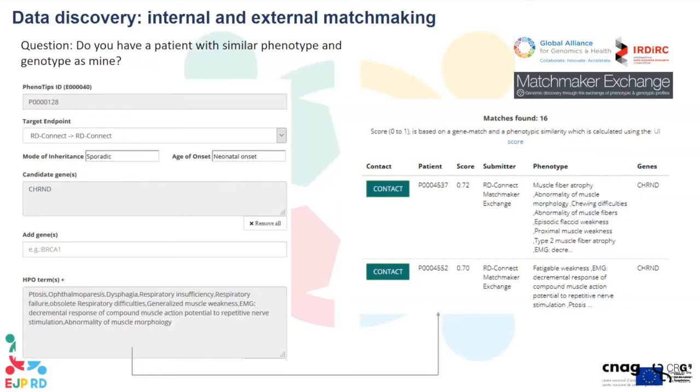We automatically retrieve all this information, mainly the phenotypic and the genomic information. We submit this information to the Matchmaker Exchange network, and then you retrieve a list of cases with a similarity score with other patients in the system. And here you also have the possibility, you can see on the right of the screen, to directly contact the submitter of that sample and start a collaboration based on these findings.